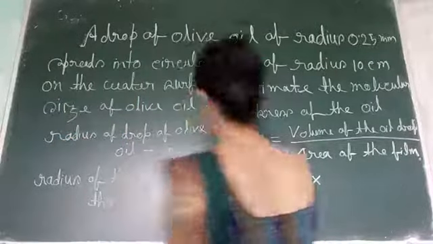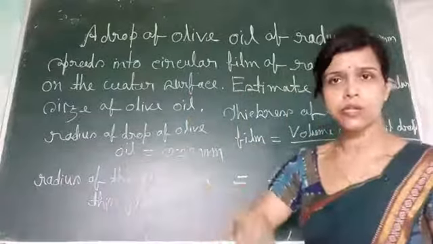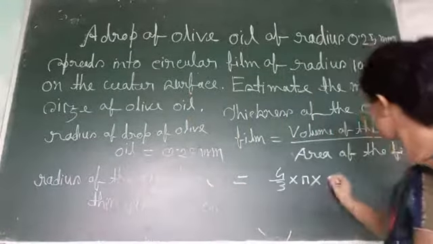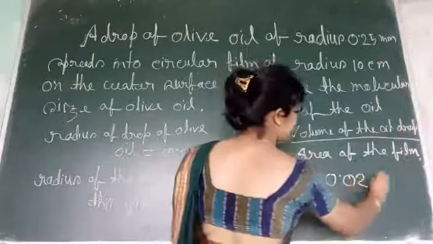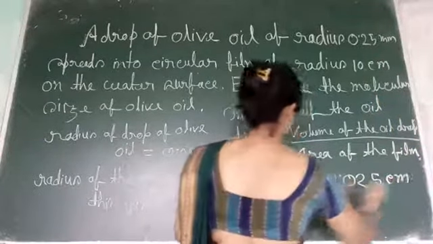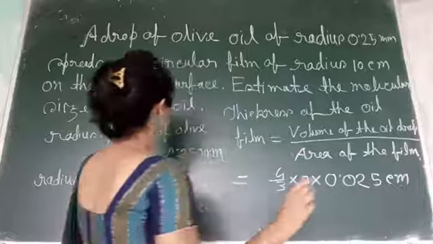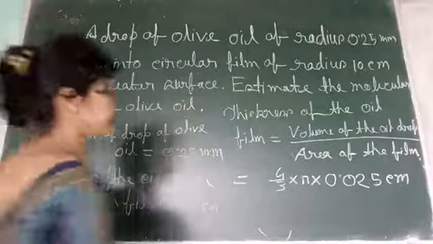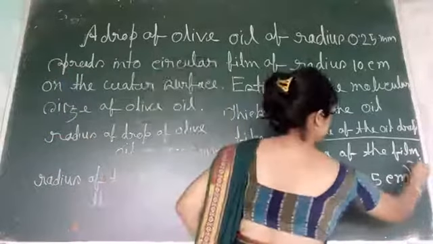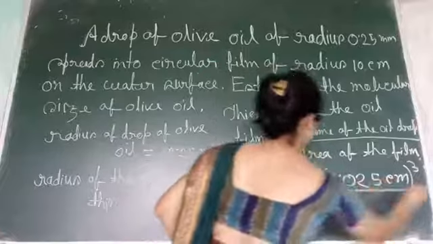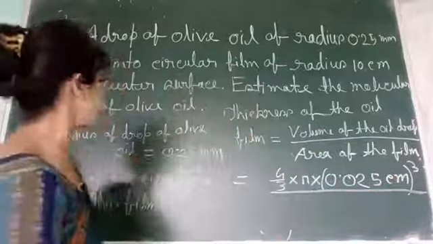Millimeter to centimeter gives 0.025 centimeter. So 4/3 pi (0.025)^3, divided by the area of the film.